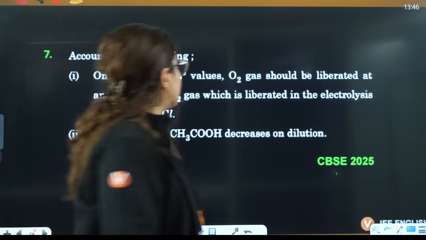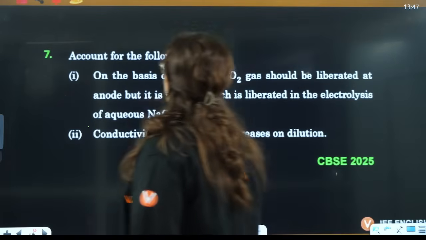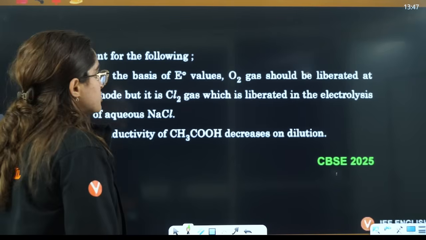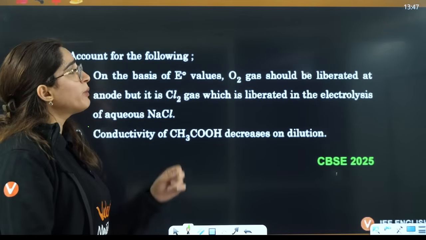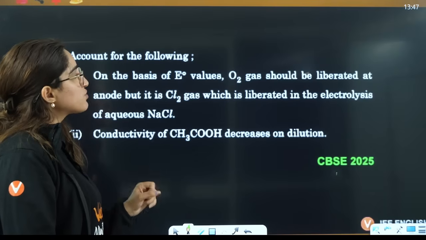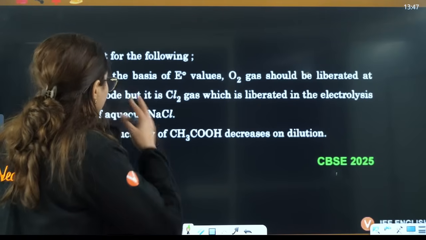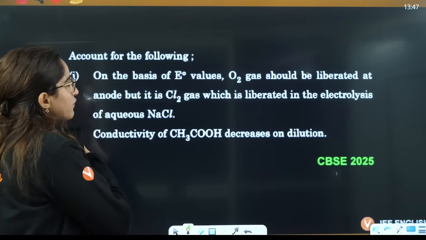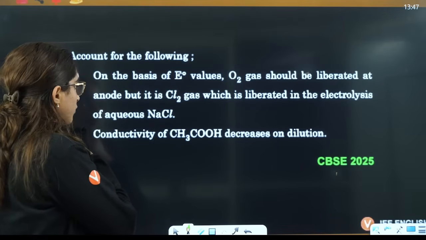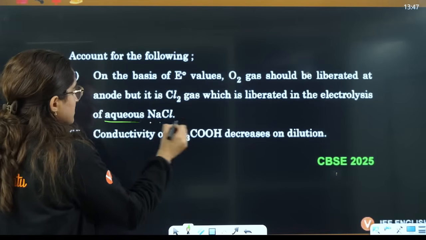Go through it. What they are telling you here is, on the basis of E0 values, O2 gas should be liberated at anode, but it is Cl2 gas which is liberated in the electrolysis of aqueous NaCl. Now here they are saying aqueous NaCl.